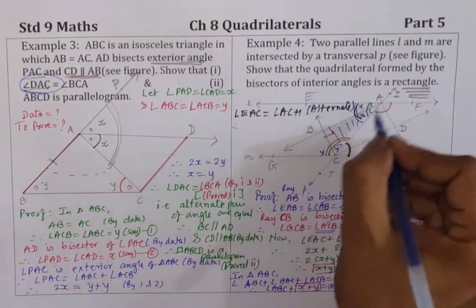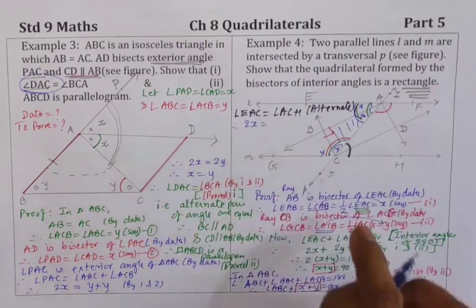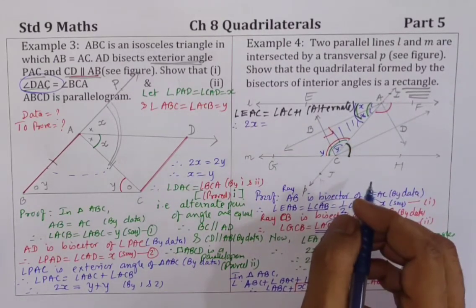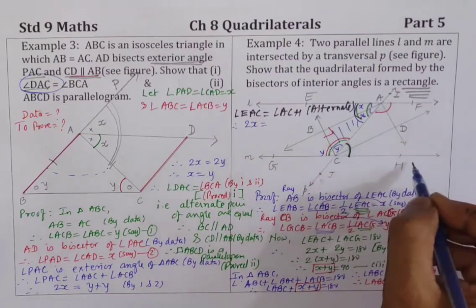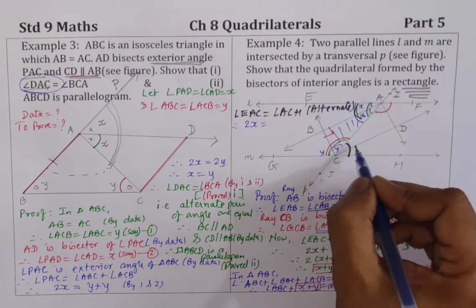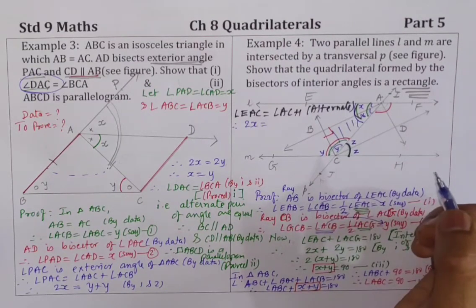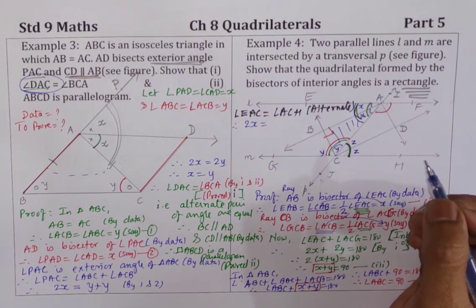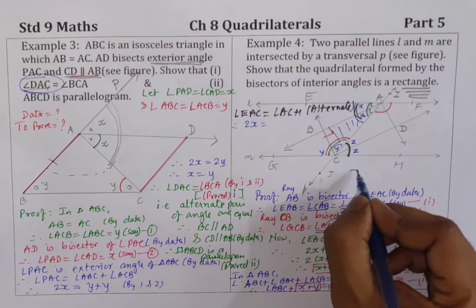Therefore, now EAC will be 2x is equal to ACH. Children, ये ACH वो ये एंगल है, उसका भी बाइसेक्टर है, तो इसका मेजर Z बता दो चिल्ड्रन. ऑलराइट, आई विल शो इट एज Z. सो वो भी लिखना पड़ेगा. ऑलराइट, आई एम राइटिंग इट हियर.